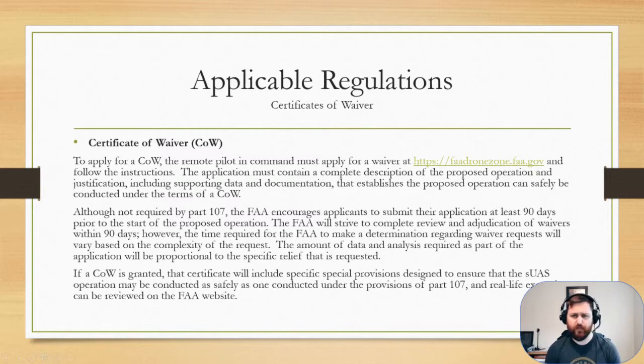It's pretty straightforward, and more times than not, COWs are going to be approved if they're within reason. Flying at night is pretty common, that's okay. Flying in national parks, depending on your location, and as long as you're not going to be flying over other people, those typically get approved as well, within reason.